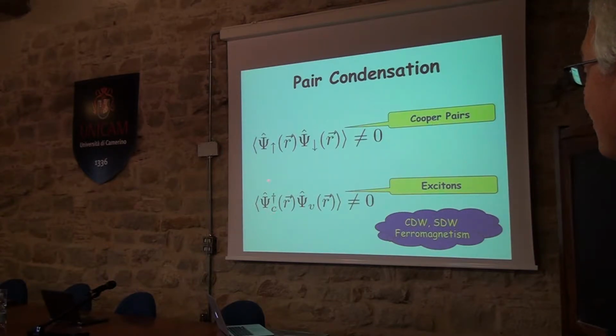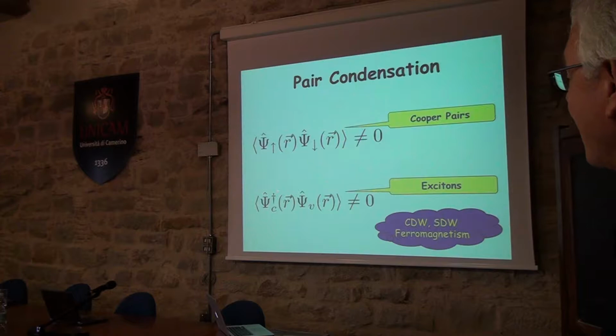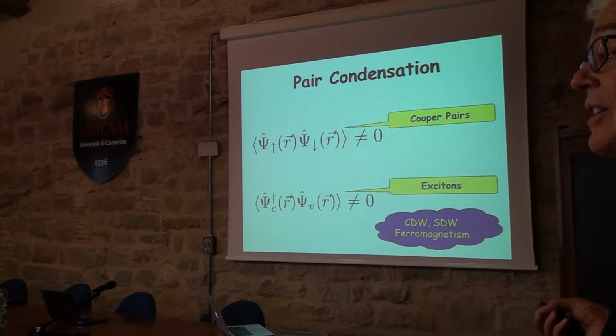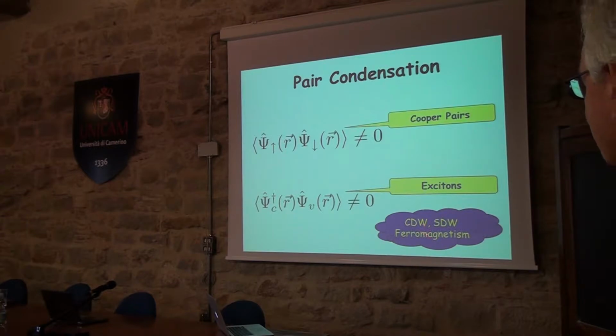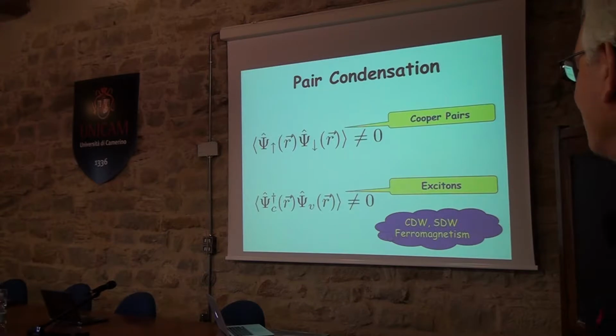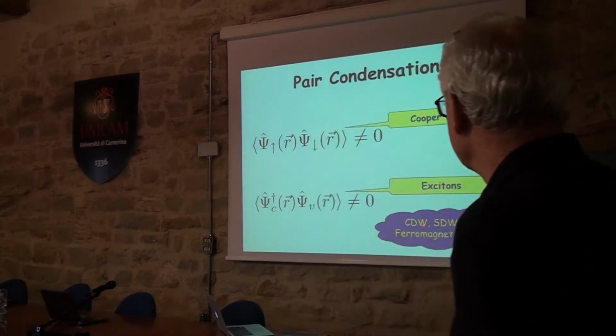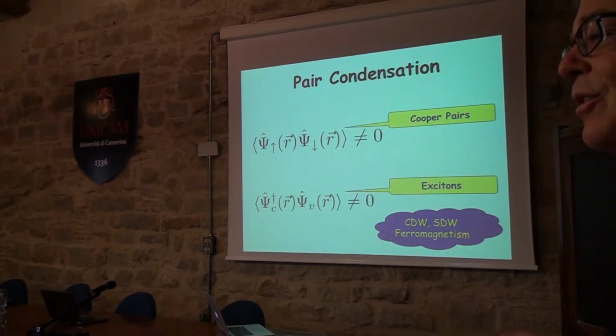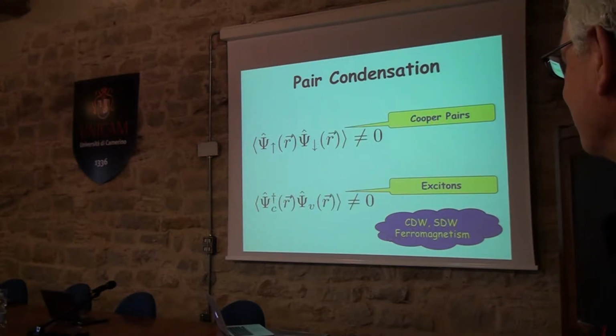Traditionally, people look for macroscopic coherence between conduction and valence bands of a semiconductor, but similar coherence of electron-hole pairs can be achieved in charge density waves, spin density waves, or ferromagnetism, as I'll discuss.